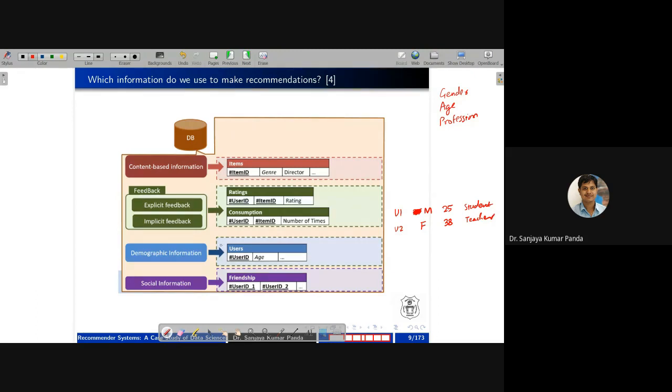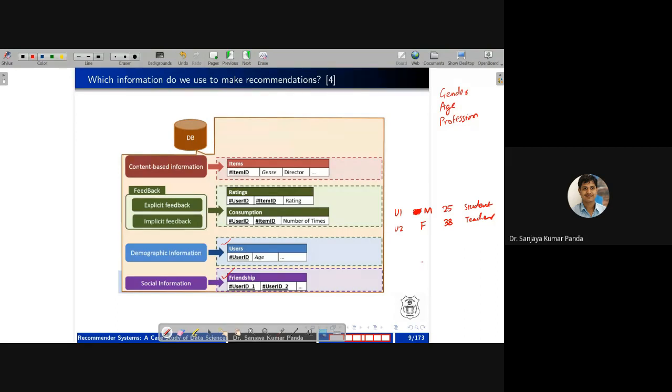We have to insert this when a new user enrolls into a particular system. Like if you have created a new Flipkart account, those details need to be added into this table. Similarly, coming to the social information, here we are maintaining the friendship between two different persons.